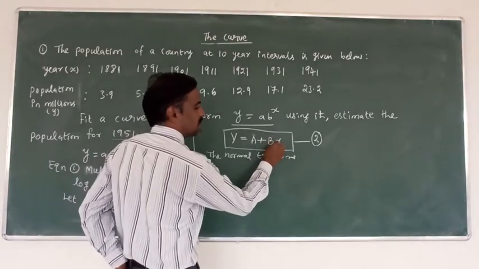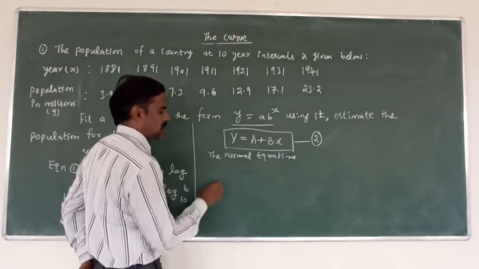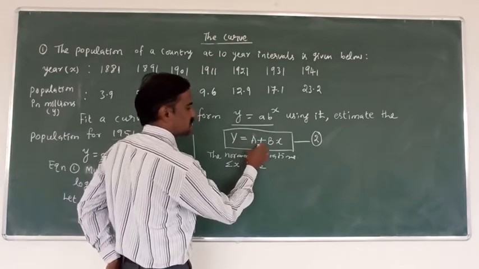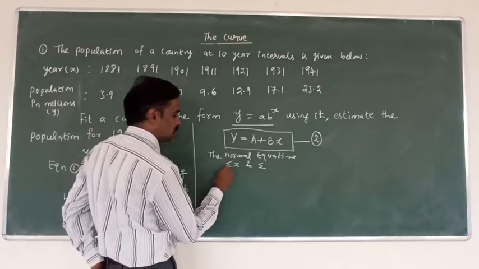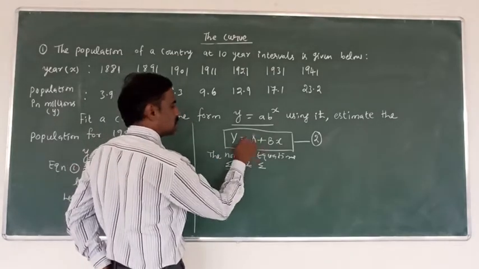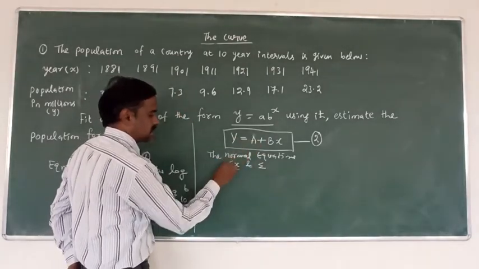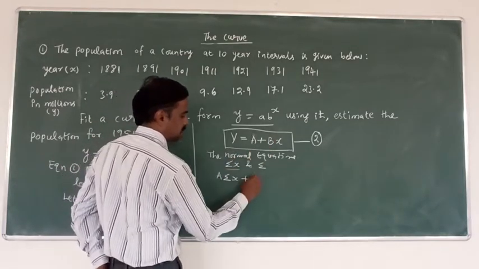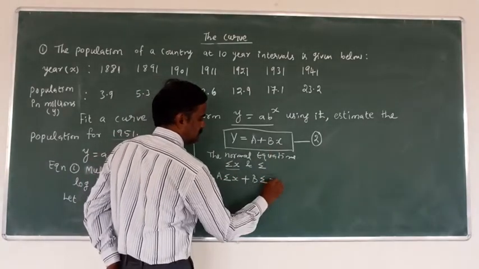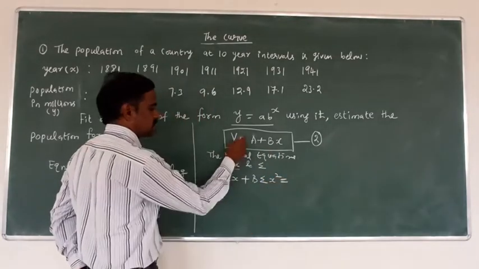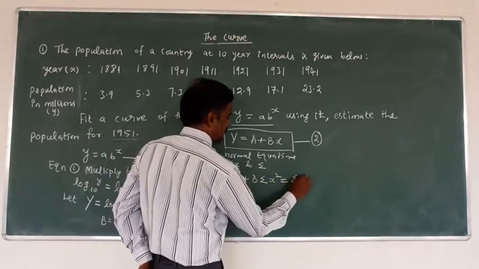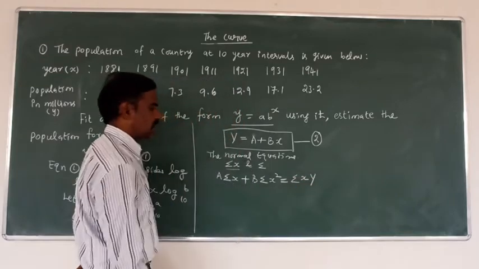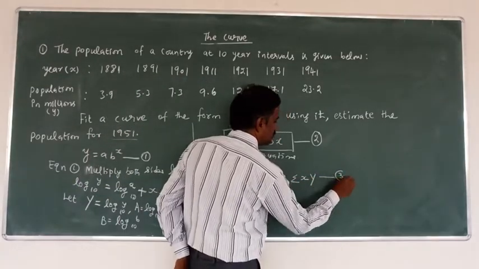The maximum power of x is 1, so we can add sigma x and sigma on both sides in equation number 2. First we add sigma x on both sides: A sigma x plus B sigma x square equal to sigma x and capital Y. This is equation number 3.